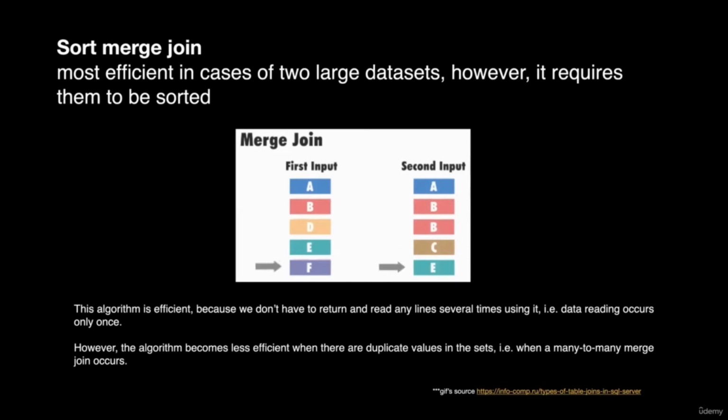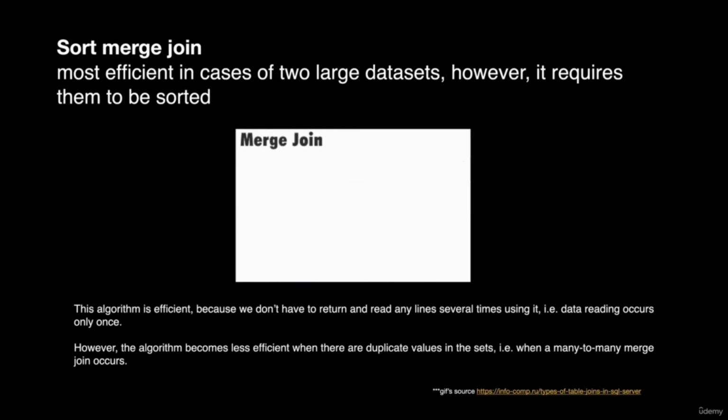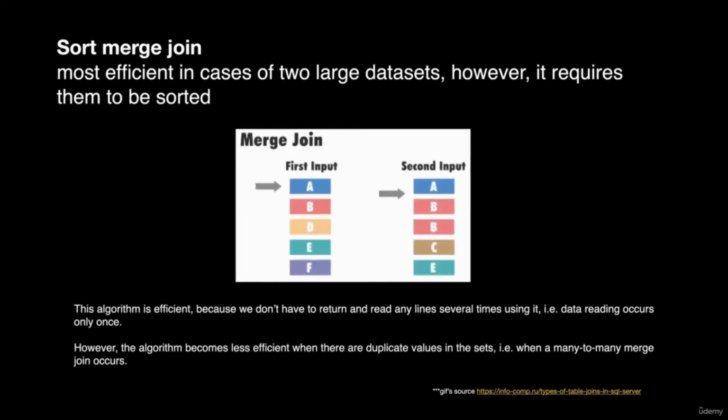In such cases, SQL Server writes any duplicate values from the second table to a temporary table and performs comparisons there. Then, if these values are also duplicated in the first table, SQL Server compares them to the values already stored in the temporary table.